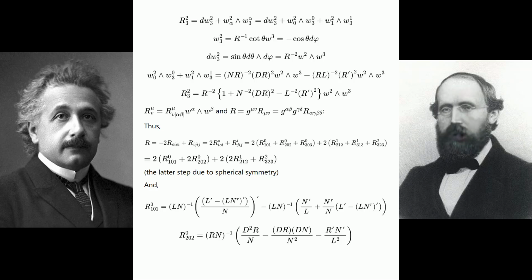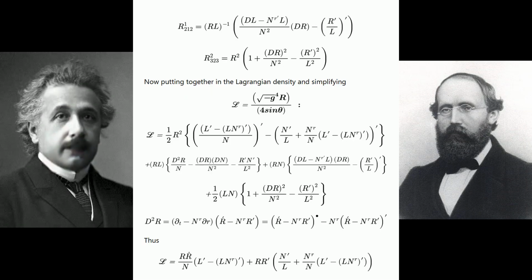Thus, see the equation shown, equals 2 times R sub 101 to the 0 plus 2 R sub 202 to the 0 plus 2 R sub 212 to the 1 plus R sub 323 squared, the latter step due to spherical symmetry, and see the group of equations shown.